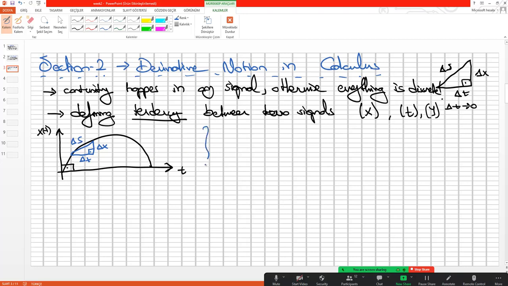And so what's our conclusion? If there's a relation between the position and time, we can write the delta x and delta t and x dot. And so this is rational or logical in here.